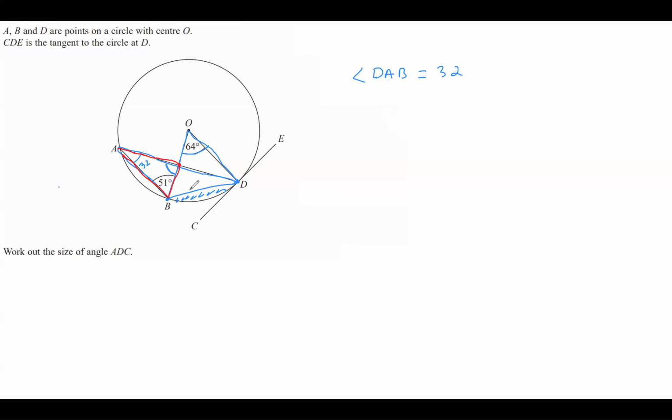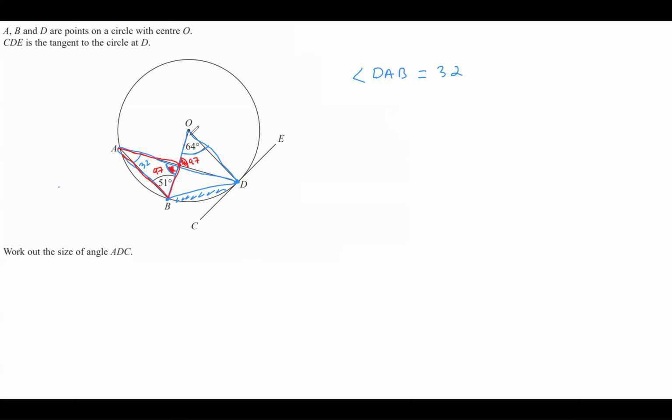And it's a little bit frustrating because really the question should label this bit here with another letter, but if it hasn't, it's fine. We can just say this angle is going to be 180 minus 32 minus 51. So 180 minus 32 minus 51 is going to be 97 degrees. And therefore, since this is a straight line and this is a straight line, these two angles are vertically opposite. So this is also going to be 97 degrees.